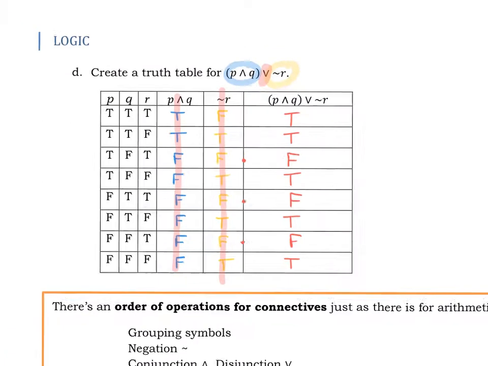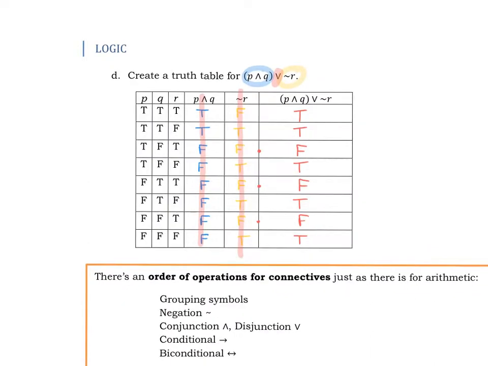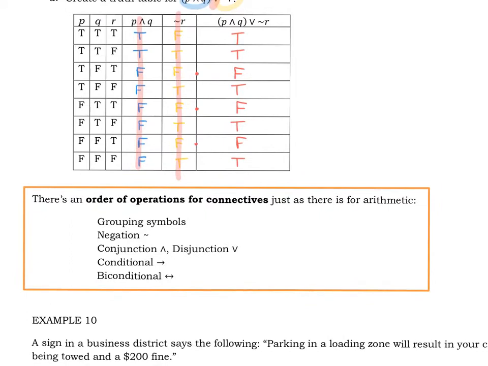As you work, one of the things that will be helpful to you is that there is an order of operations, just like there is for algebra. This is the way it works. Grouping symbols first, and then within those grouping symbols, you follow the rules from there. If there's negation, that would come next within the grouping symbol.